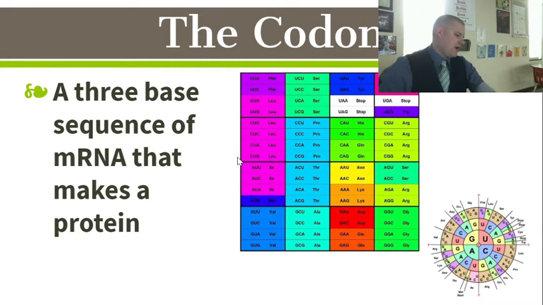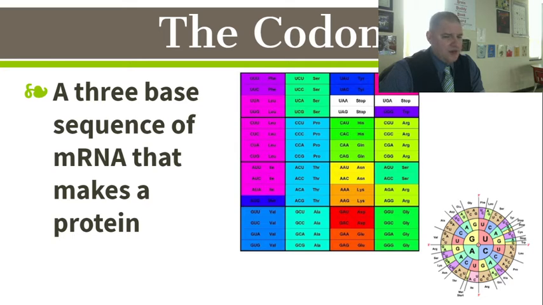So let's take a look at how this process works. First off, with our message, we actually have a secret message within the secret message itself. And we first need to talk about these things called codons. A codon is short for, or is used in place of, the word code. And what it is, is three mRNA bases in a row.